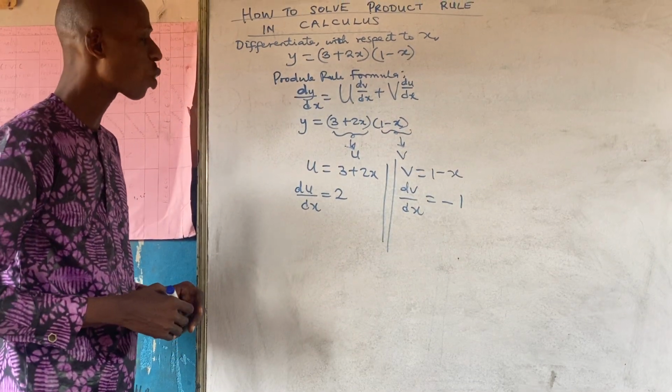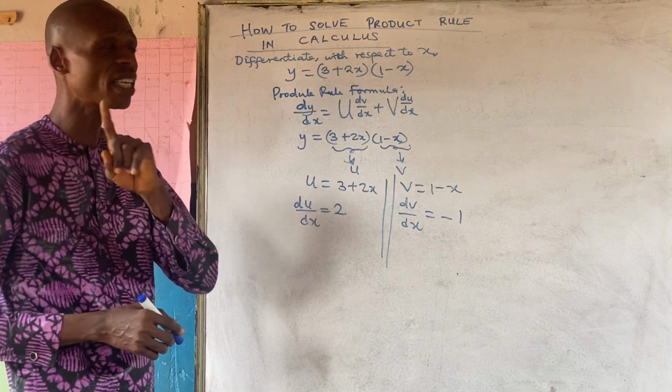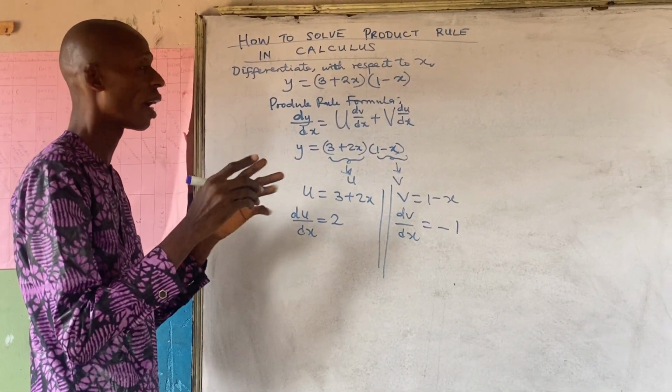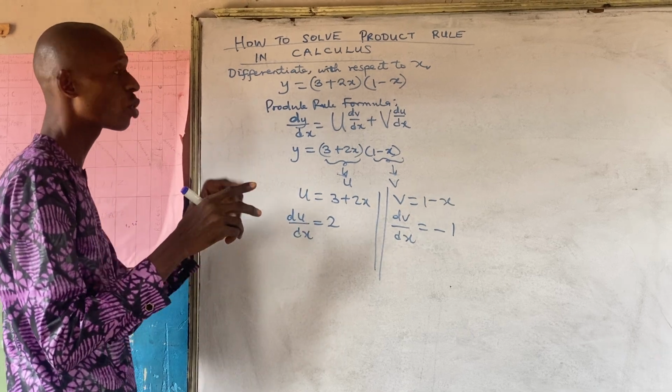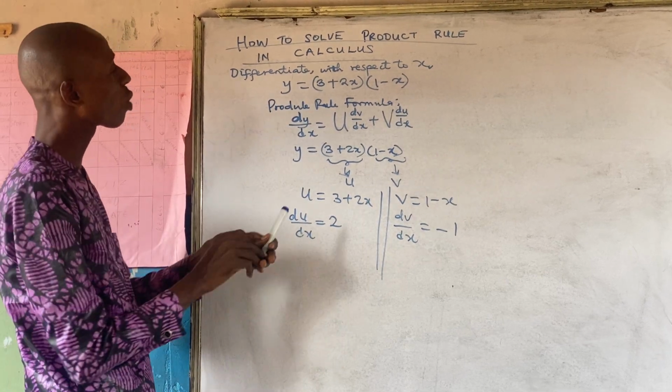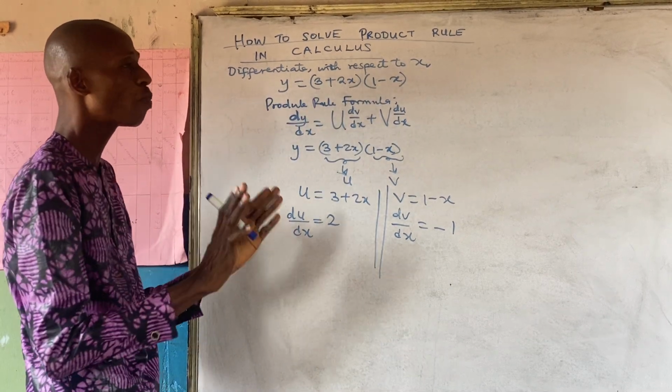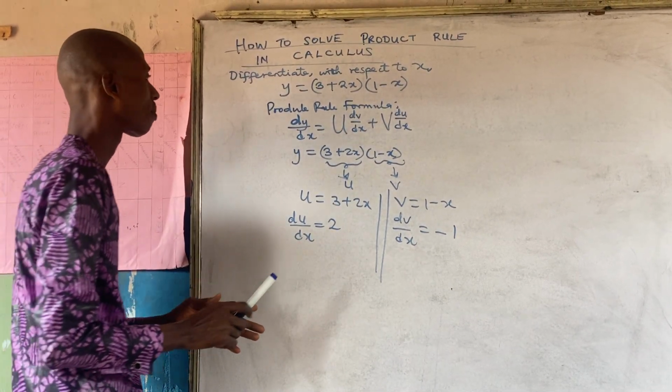All right? So having got that, now let me quickly give you a clue on how to get it without using the formula. Back to the question. When you look at the question, y equals this and this, the simple way is this.